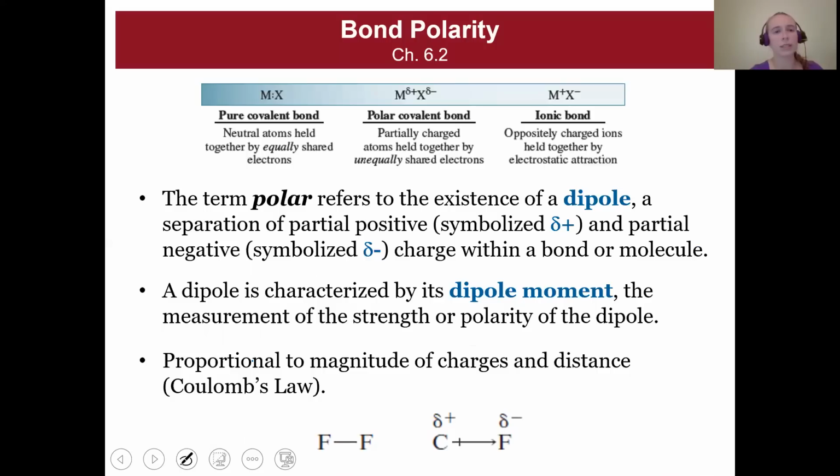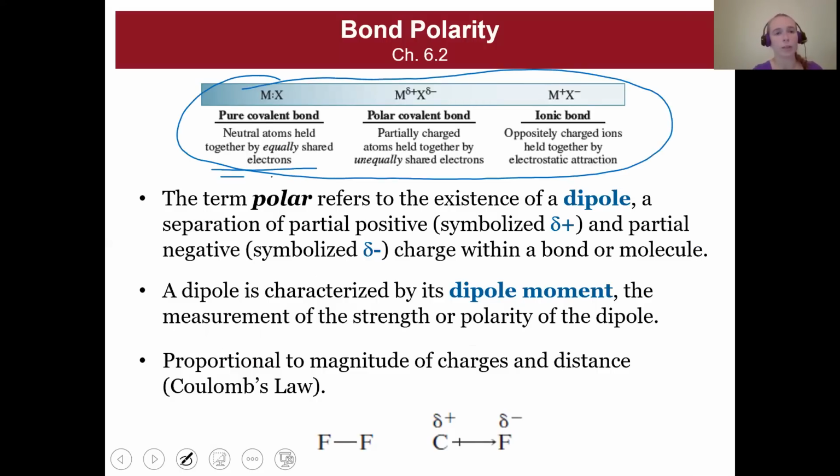Alrighty, so this is how your book shows it. It's a spectrum from purely covalent bonds or nonpolar bonds to ionic bonds. So we have very equal sharing of electrons, to basically no sharing at all, where we have oppositely charged ions because we had a basically complete transfer of the electron from the cation to the anion.